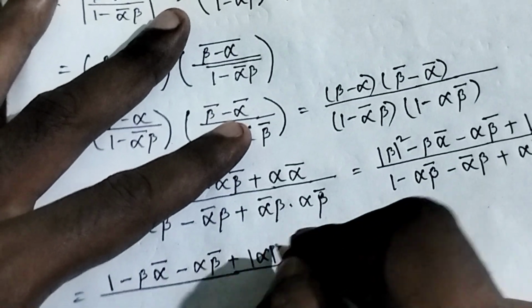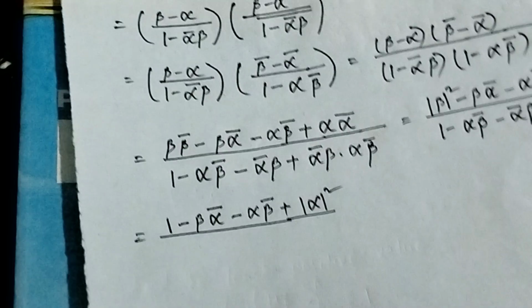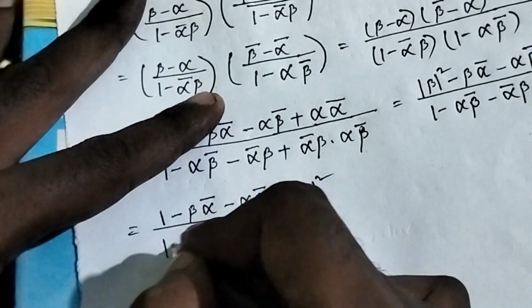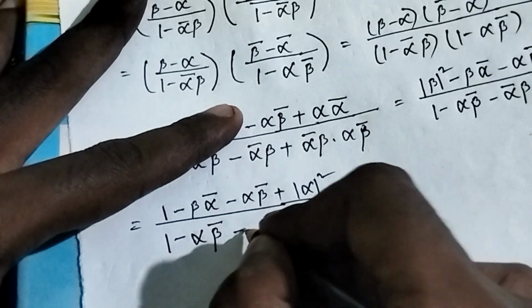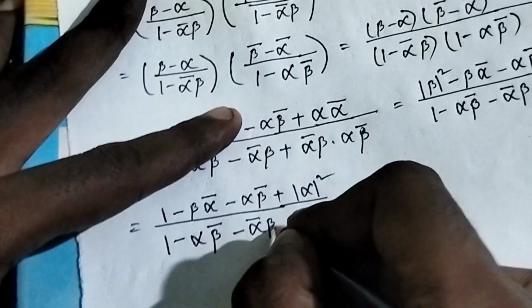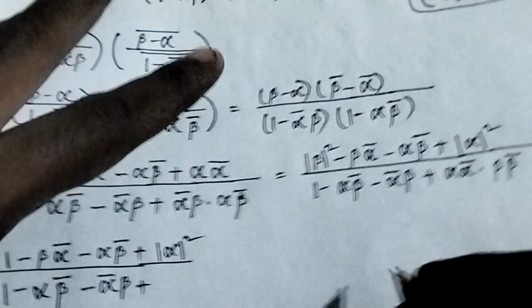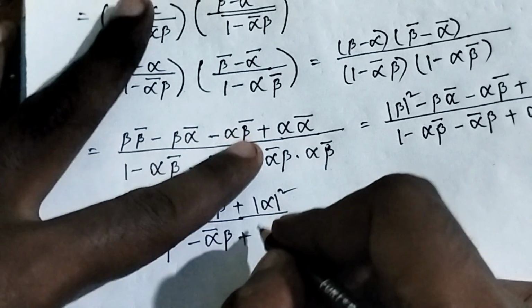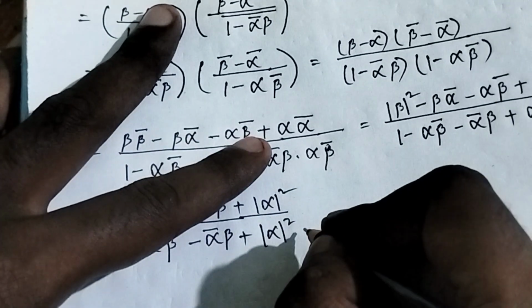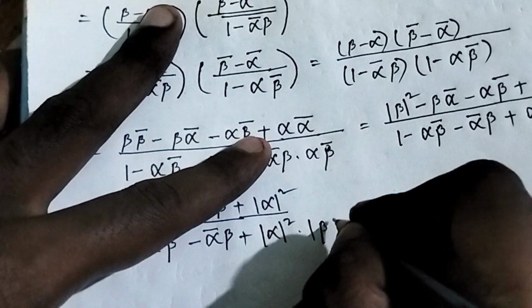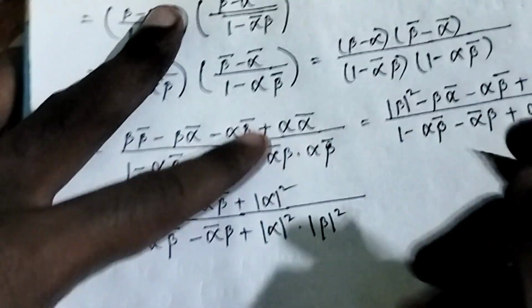And here in the denominator, 1 minus alpha beta conjugate minus alpha conjugate beta plus alpha into alpha conjugate can be written as mod of alpha square into mod of beta square.